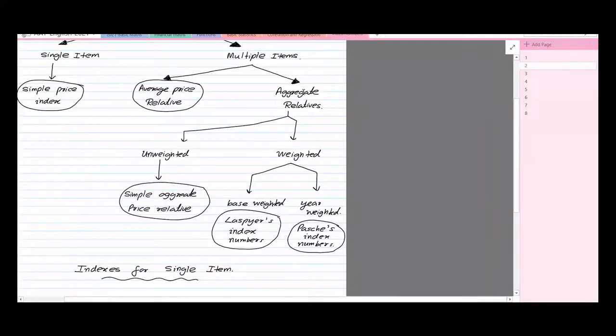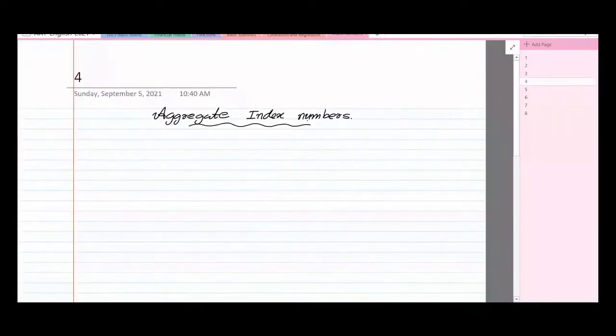The next one is aggregate relatives, aggregate index numbers, unweighted. We don't give a weight, right? Aggregate means we are combining items.